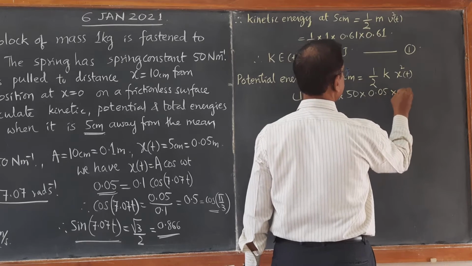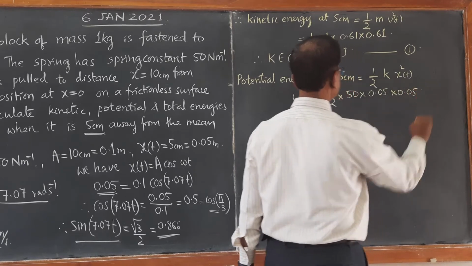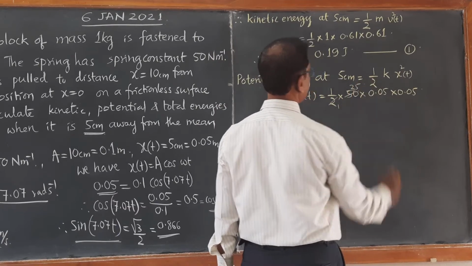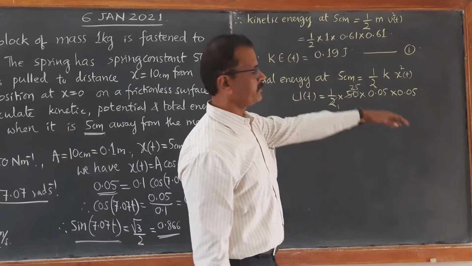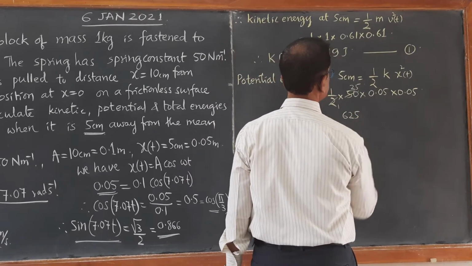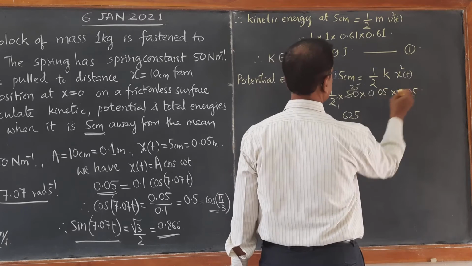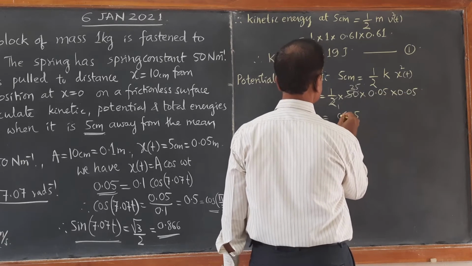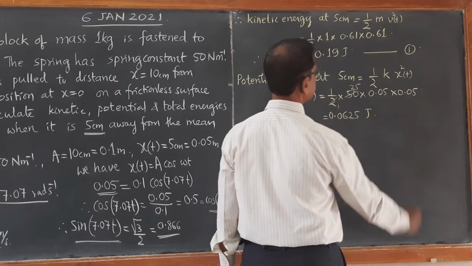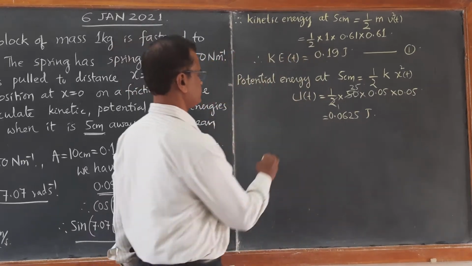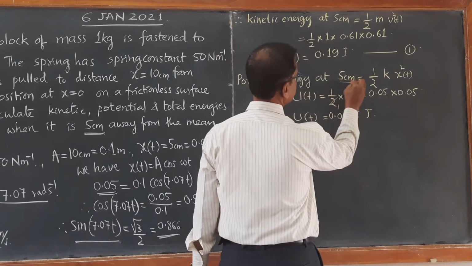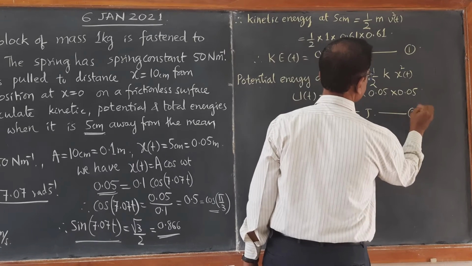So 0.05 into 0.05, and if you cancel it, it becomes 625, which gives 0.0625 joules. So this becomes the potential energy at that 5 centimeter distance. Call this equation number 2.